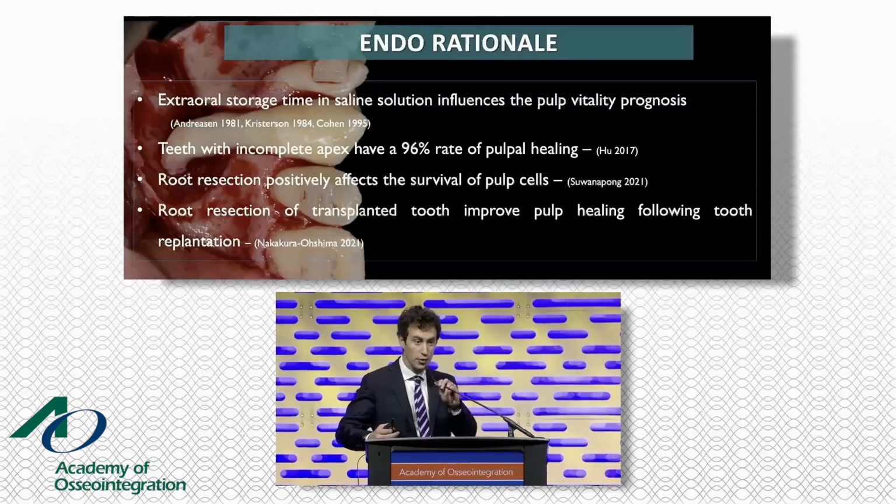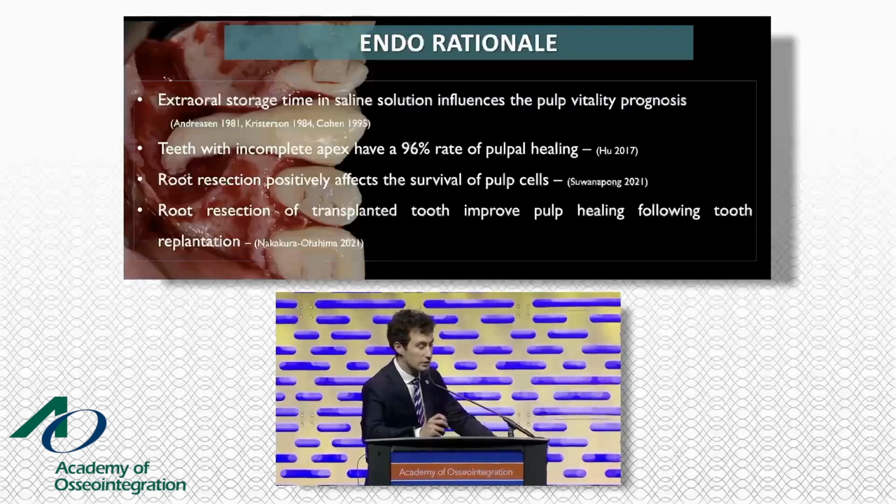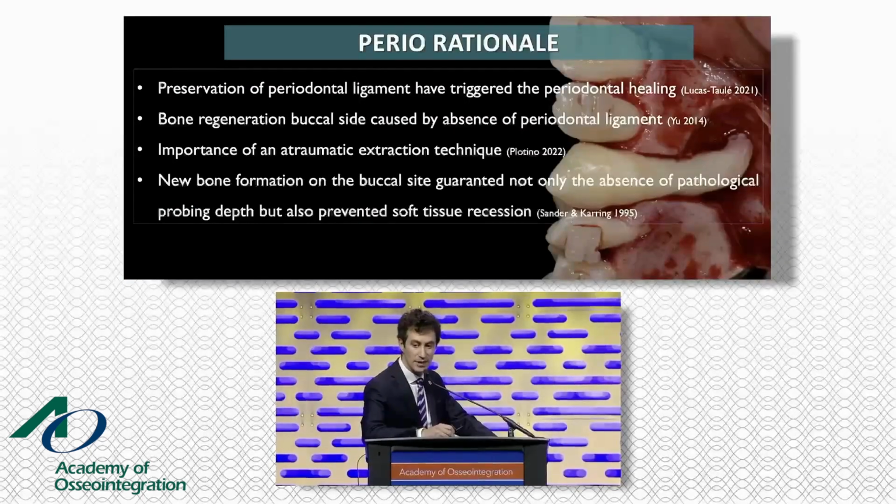So we want to trust in the vitality of the premolar. And then we know that root resection of a transplanted tooth improves the healing during the following months after the autotransplantation. The periodontal rationale can be summed up in 4 points.